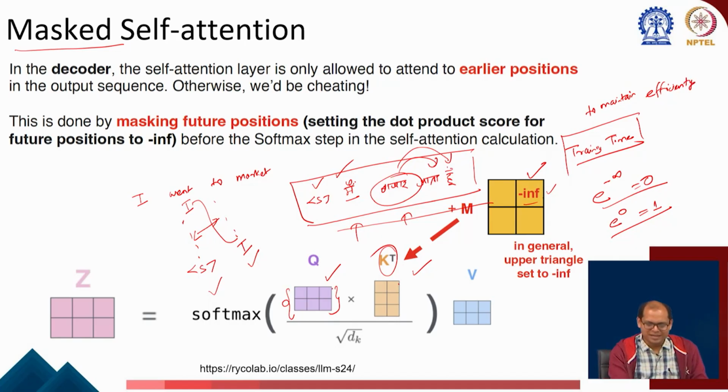You still want to compute the entire matrix, all the words in the sequence, not one by one autoregressively. At decoding, at inference time, you will have to do one by one, but at least at the training time you can be efficient by not attending to the future token. So, this is a very important concept that helps you maintain efficiency at training time.